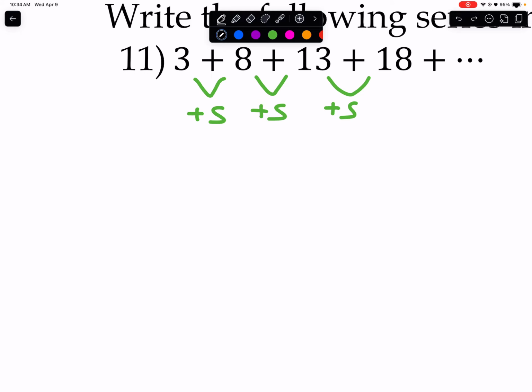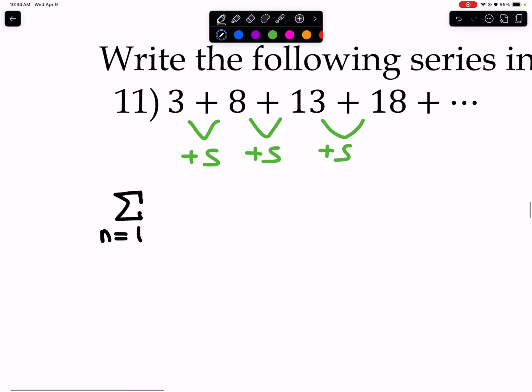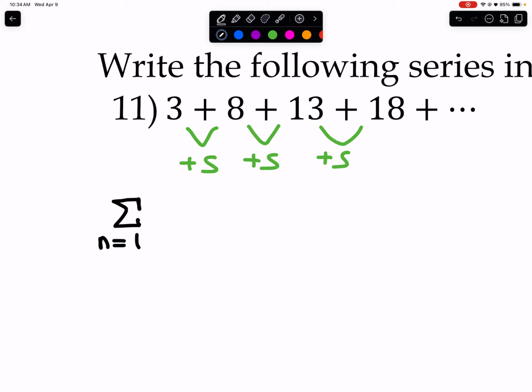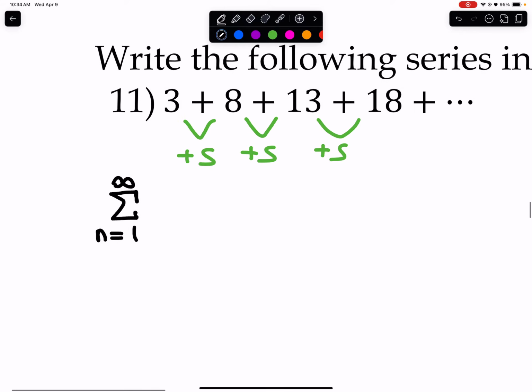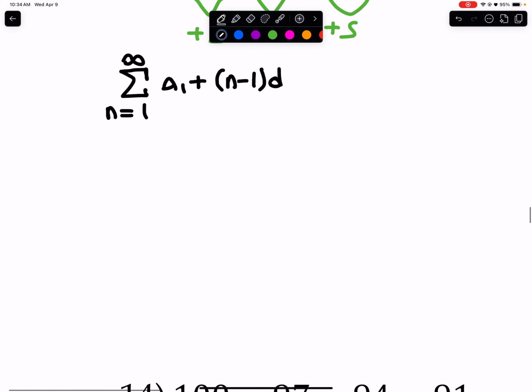So I'm going to start with writing my sigma. On the bottom, I'm going to say n equals 1, since we're starting at the first term. Then it goes on indefinitely, so I'm going to write an infinity on the top. Now I'm going to write my series in terms of the arithmetic explicit form: a sub 1 plus n minus 1 times the common difference.